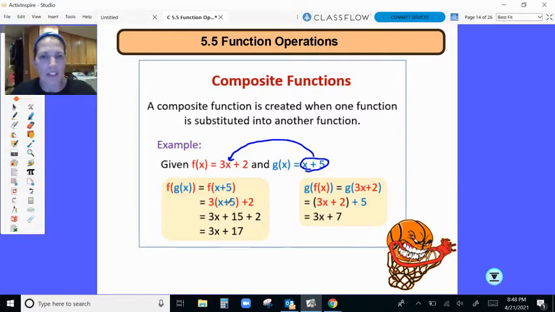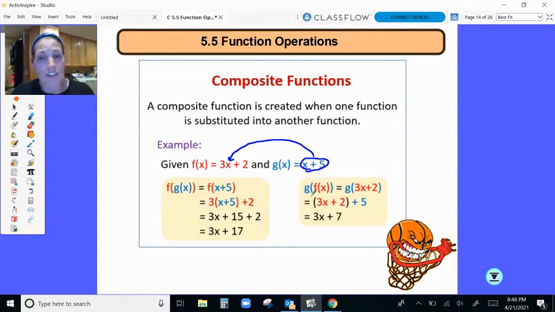So it becomes 3 times, and instead of x, we put x plus 5, and then plus 2. You can see this 3x plus 2, but instead of x, we're substituting in the entire function, x plus 5. Then of course we simplify: 3x plus 15 plus 2 becomes 3x plus 17.